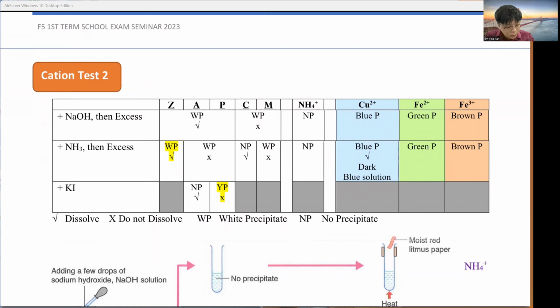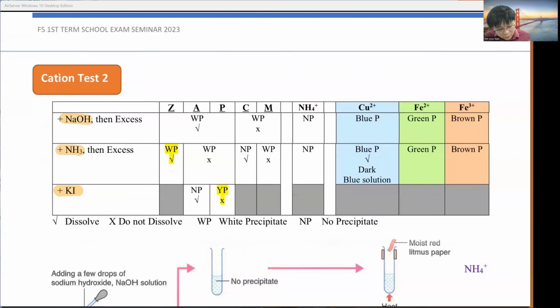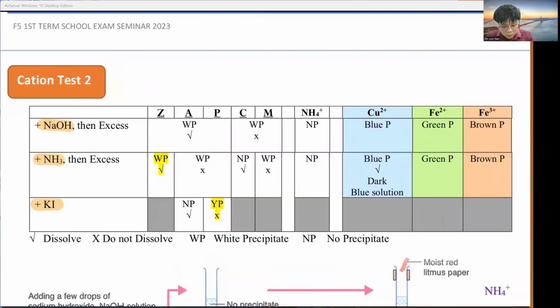Okay. This one is a test using sodium hydroxide, ammonia, and KI. So I'll show you the result first. If you put copper into sodium hydroxide and ammonia, you get blue color.